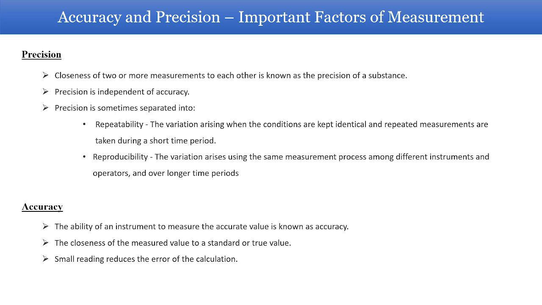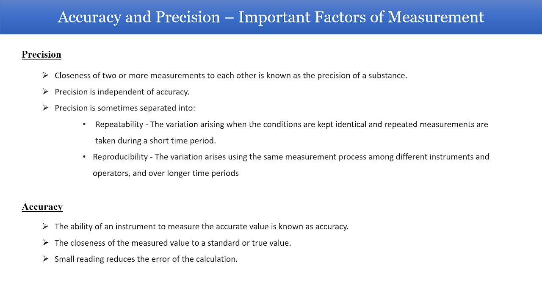These are very important factors when we are talking of any kind of measurement, because they are very, very critical. So what does precision basically mean? Precision is the closeness of two or more measurements to each other. It does not depend on whether your system or your measurement is accurate or not.